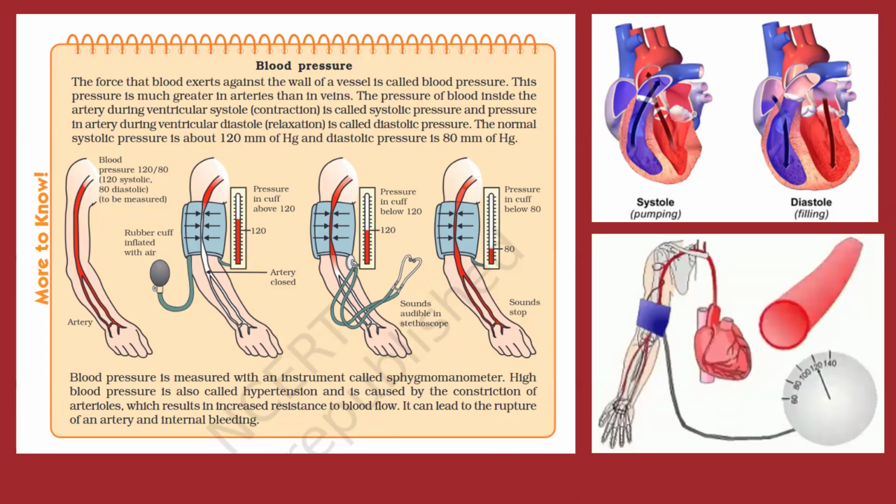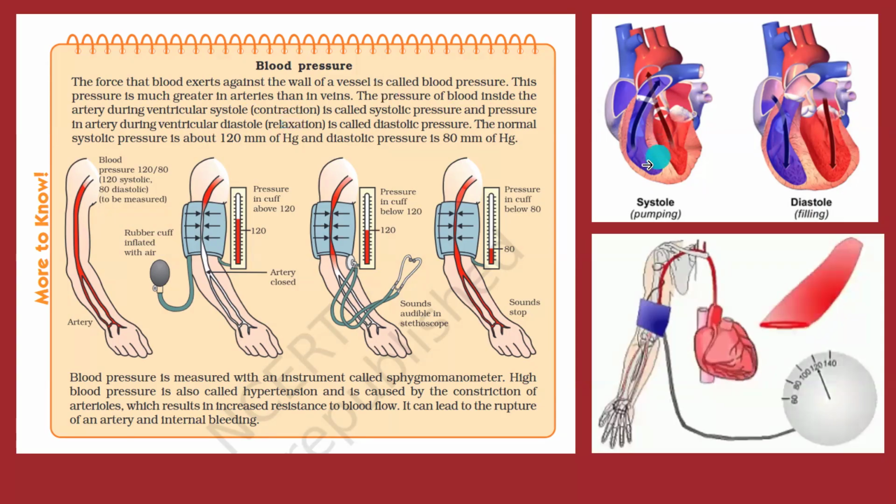How can we tell that blood pressure is 120 by 80? Here we look at the pressure of the blood inside the arteries during the ventricle systole. Systole is nothing but contraction of the ventricle.